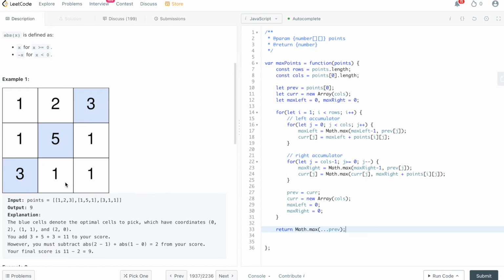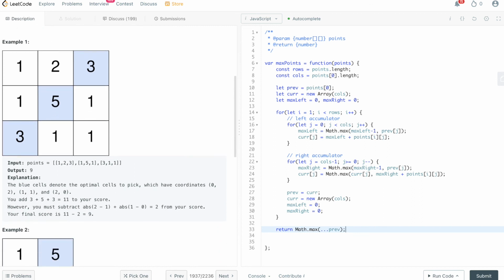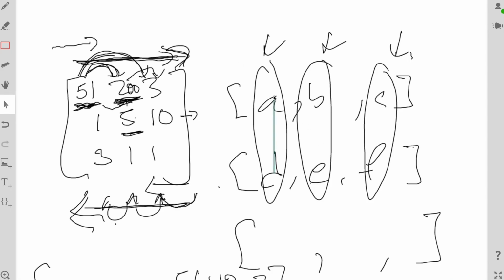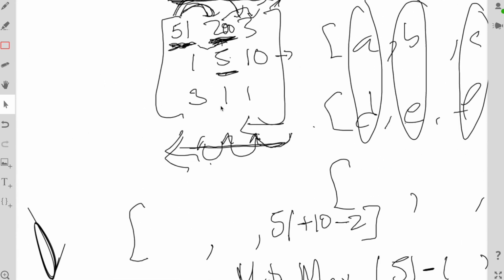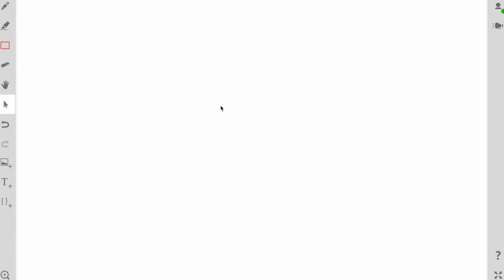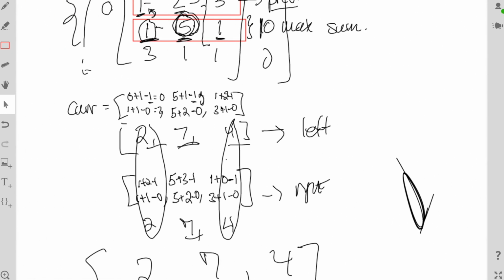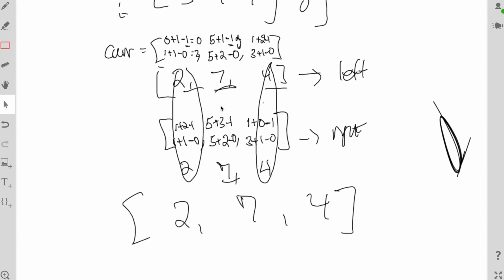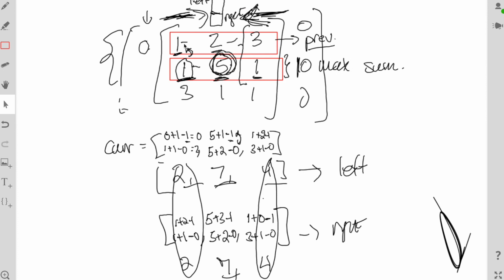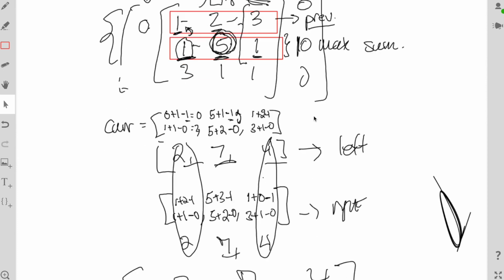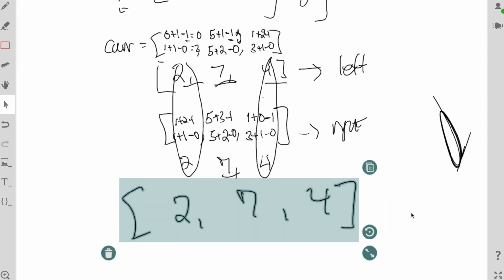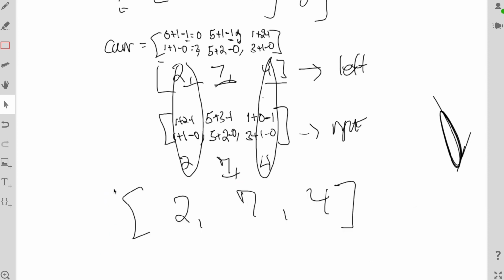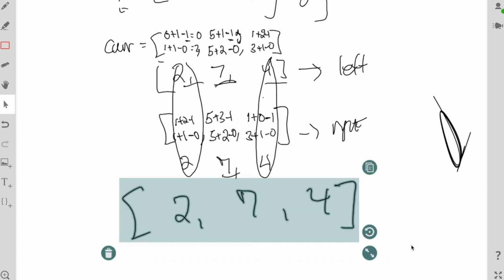In the same way that, for example, if we just had 1, 2, 3, 1, 5, 1, right? And this is our subproblem, or rather, this is our final row.